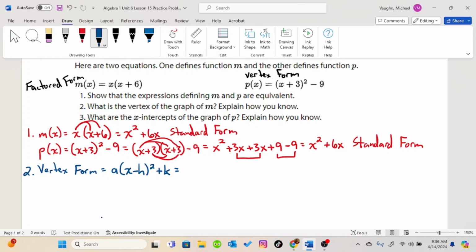So in this one, that means a equals 1, h equals -3, and k equals -9.